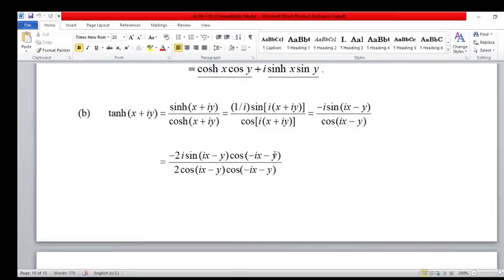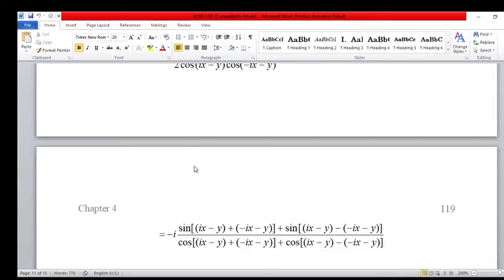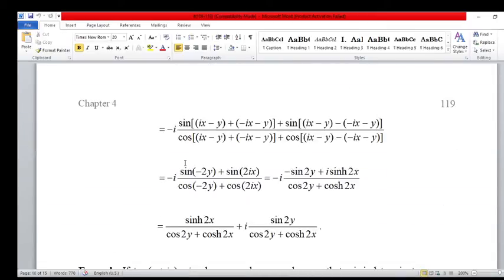This is again in trigonometric form, so we apply the sin a plus b, sin a minus b, cos a plus b, cos a minus b formulas. We get minus i times sin of minus twice y plus sin of twice ix, upon cos of minus twice y plus cos of twice ix.